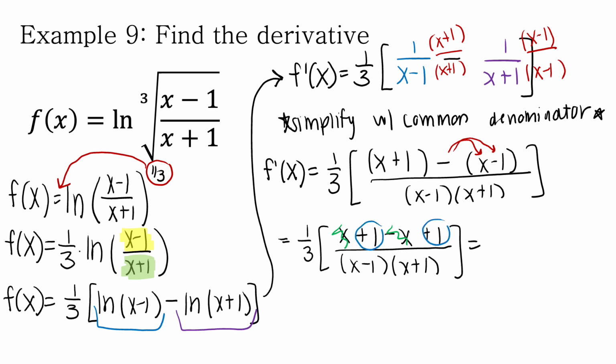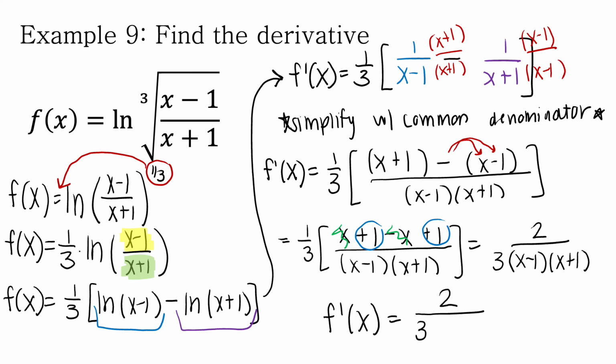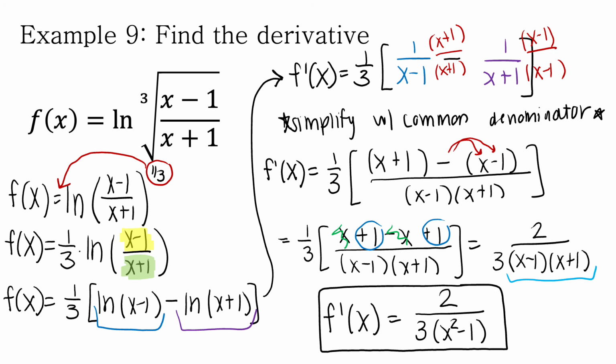So this becomes 2 over 3 times x minus 1, x plus 1. So we can write and simplify our final answer, f prime of x, as 2 over 3, and you may recognize this x minus 1, x plus 1 as a difference of squares, so we can write this as x squared minus 1. So just a bit of simplifying fun there at the end for you.